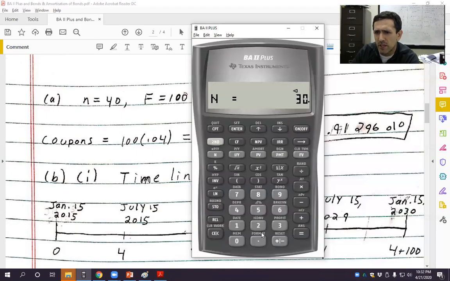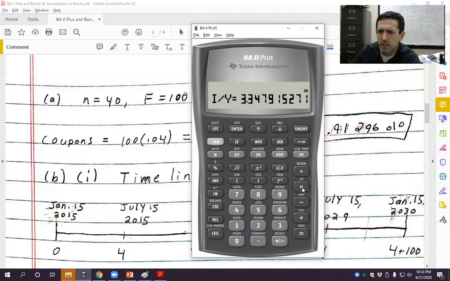So that's the present value. 112.225, and make that minus to make the calculator happy. The coupons are 4, and you get 100 redemption at maturity.